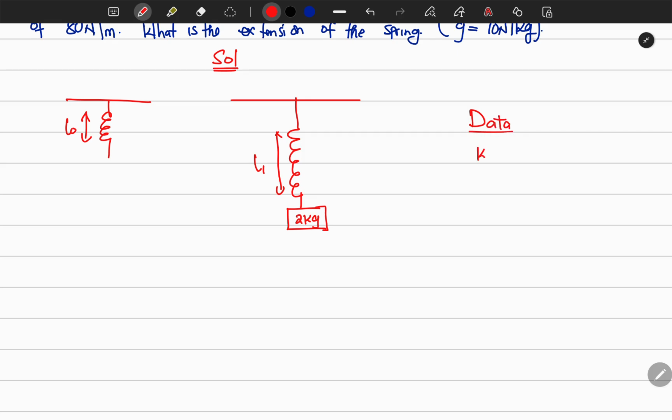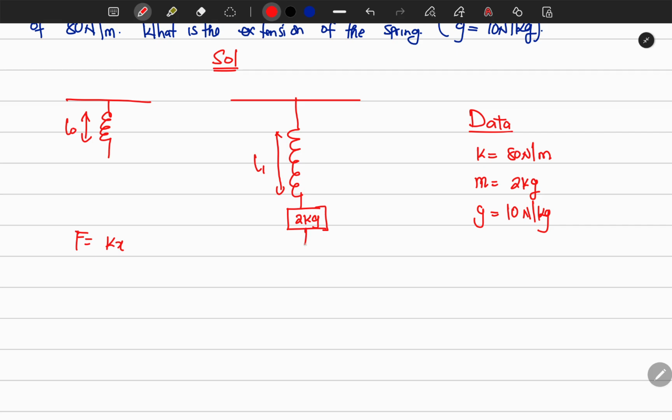We have K is 80 newtons per meter. The mass is 2 kg. The acceleration due to gravity has been given to be 10 newton per kg. So step 1, from our relationship of force is equal to Kx, we need force.